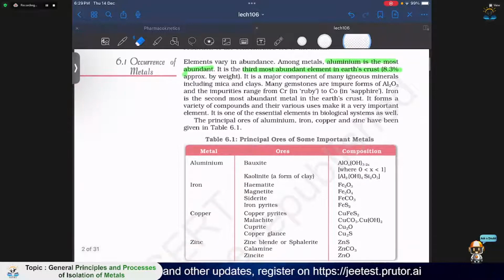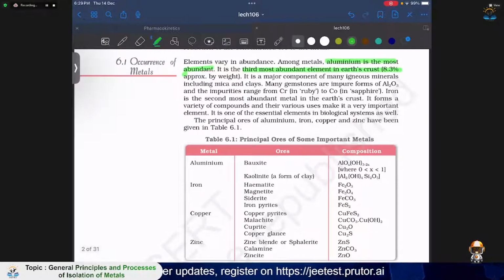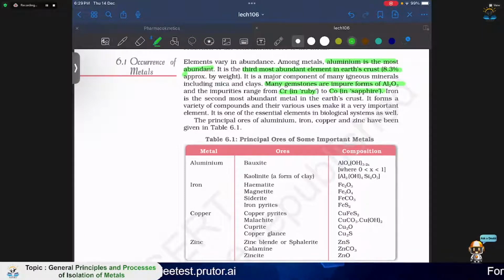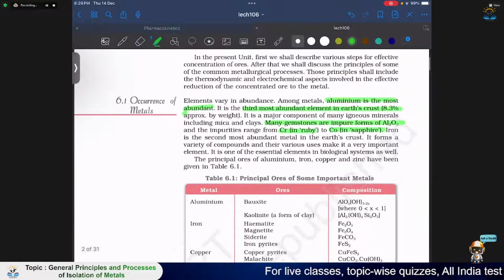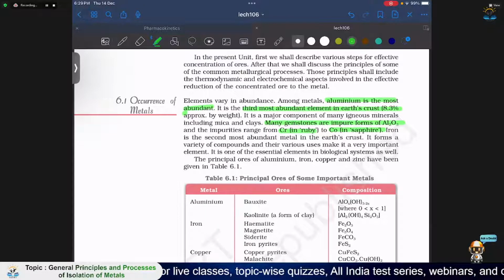Many gemstones are impure forms of alumina, and the impurities range from chromium in ruby to cobalt in sapphire. So if in Al2O3 you have an impurity of chromium, that will create ruby. And if the impurity is of cobalt, that will create sapphire. These two are asked questions. Sometimes they ask these in match the following. So it's better to remember.